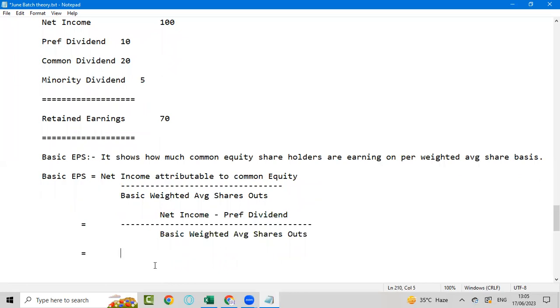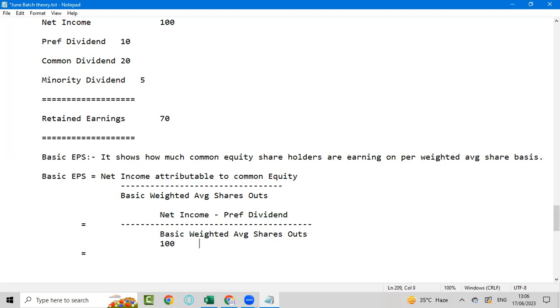When we are calculating earning per share, we are calculating from the perspective of common equity, not total equity. Total equity includes preference equity also. So the amount we have to pay to preference shareholders as preference dividend has to be deducted. Whatever is left after that amount is left for common equity.